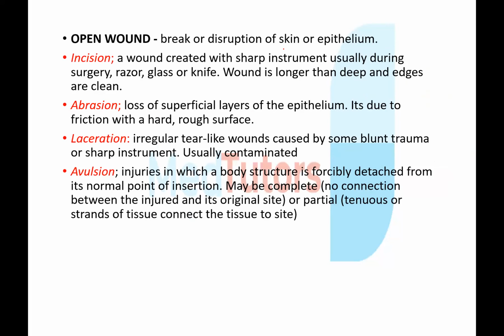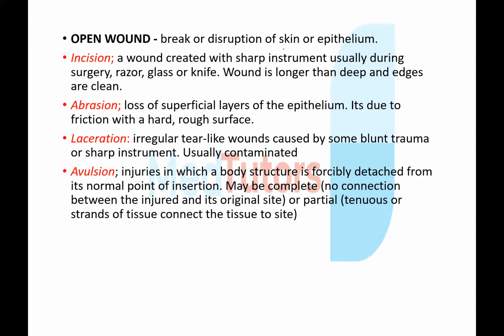Now, in open wound, there is break or disruption of the skin or epithelium. And there are various forms of open wounds. Incision: in incision, a wound is created with sharp instruments. It's usually during surgery where you make surgical incisions with your scalpel, or it could be from a sharp object like a razor blade, a cut from glass or knife.